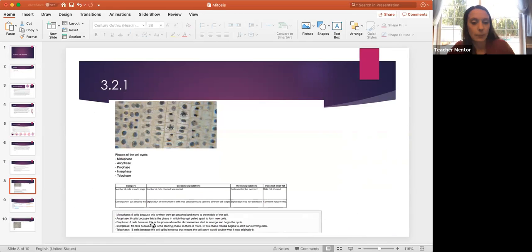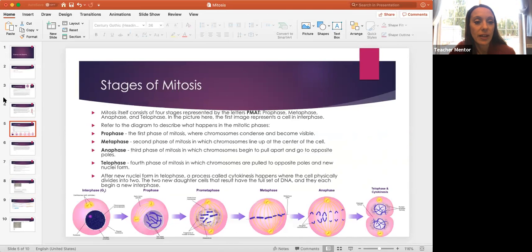So as you can see here, this student said, we'll go with interphase, 10 cells, because this is a starting phase, so there is more. In this phase, mitosis begins to start transforming cells. And again, it's also important to note that during interphase, there are no definite cell structures in that nucleus, rather just a nucleus. Okay, we go to our next phase, prophase.